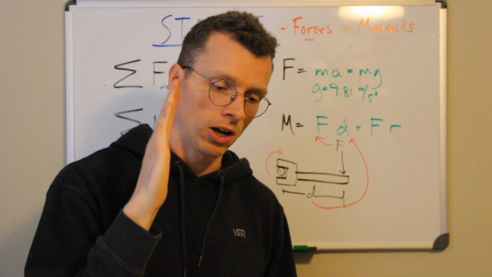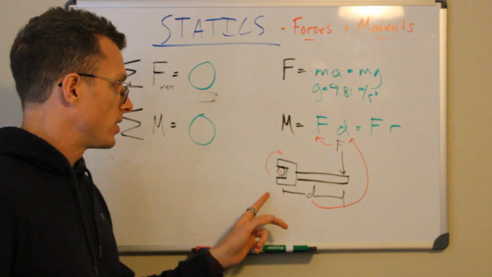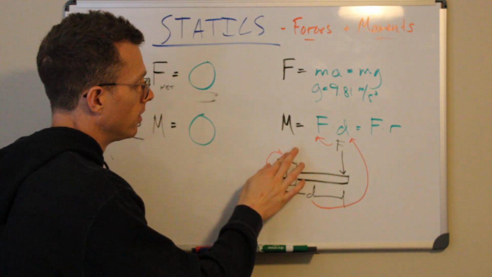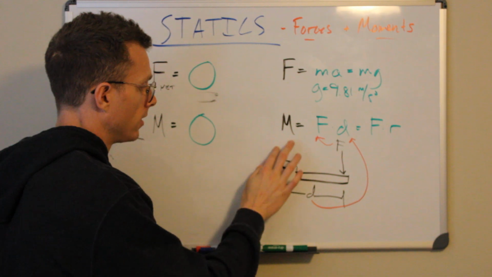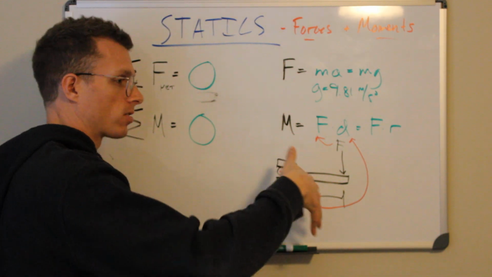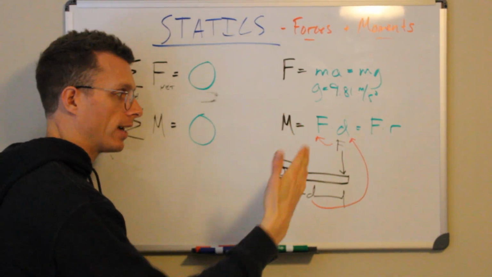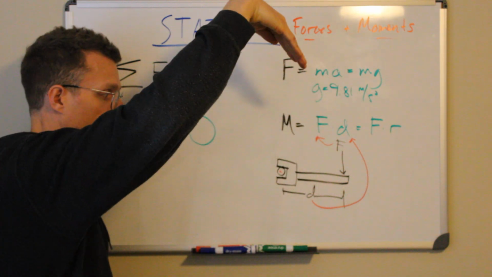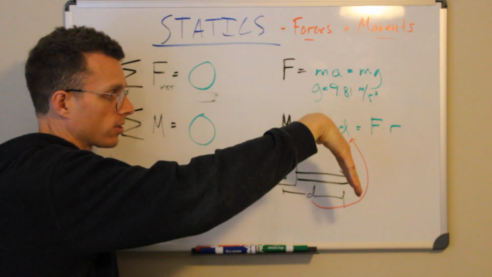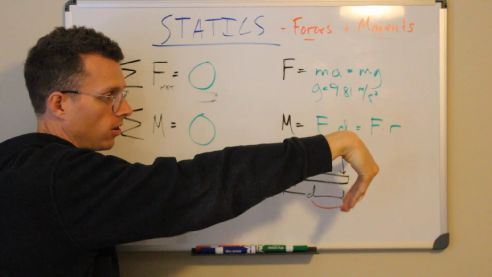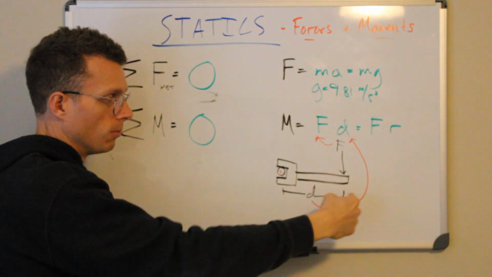So in this particular instance right here, we've got a force down. So typically I take the hand. The hand goes in the direction of the force. The fingers curl in the direction of the moment arm.